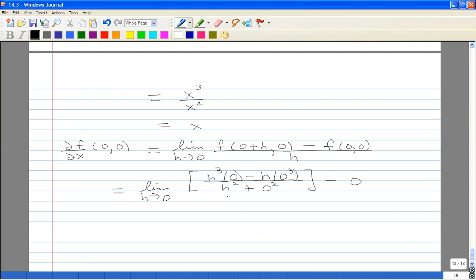At the origin, this is just 0 over h. And so this first term is 0, my second term is 0. So you just get 0. And as h goes to 0, 0 still remains 0.